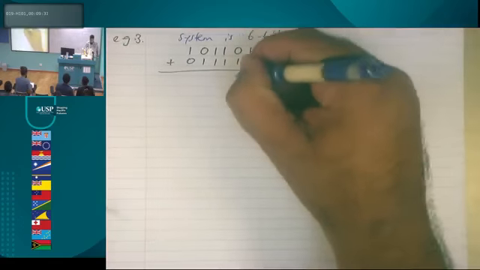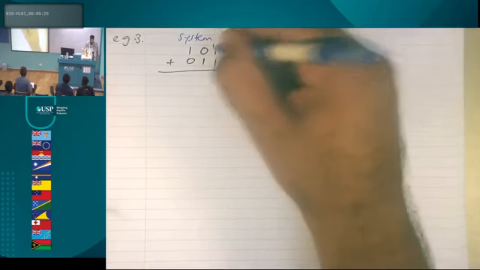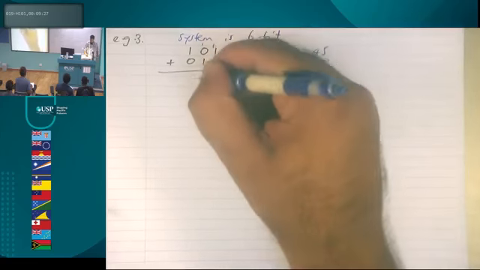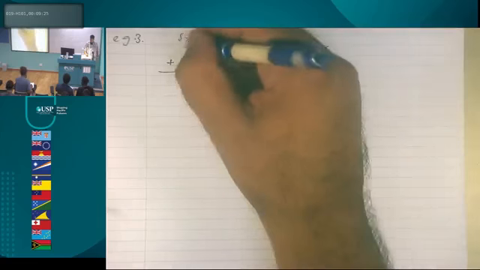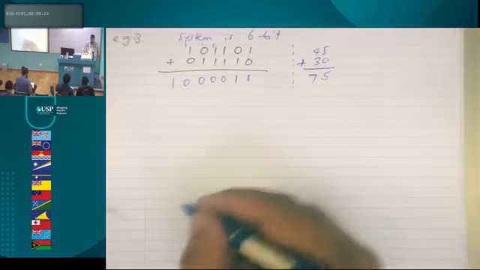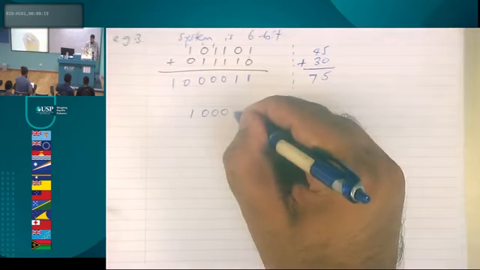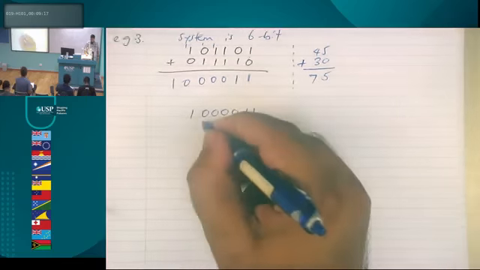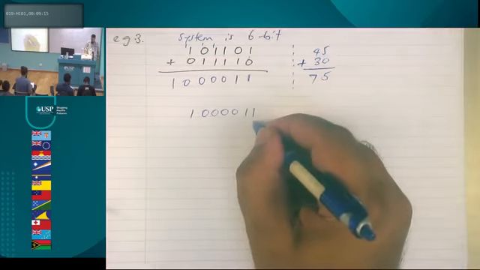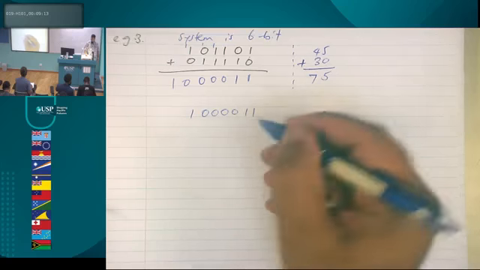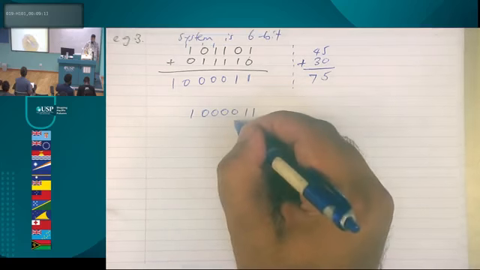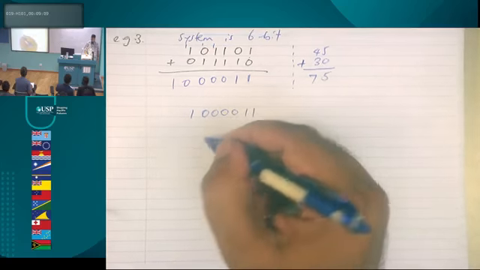1, 1, 1, 0, 1, 0, 1, 0. So 1, 0, 1, 1. Does that equal 75? 1 plus 2, 4, 8, 16. What did I miss?